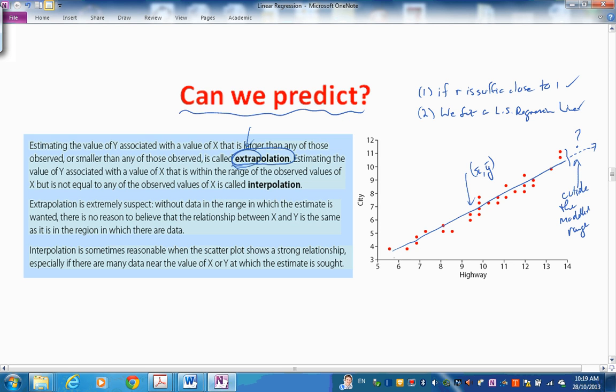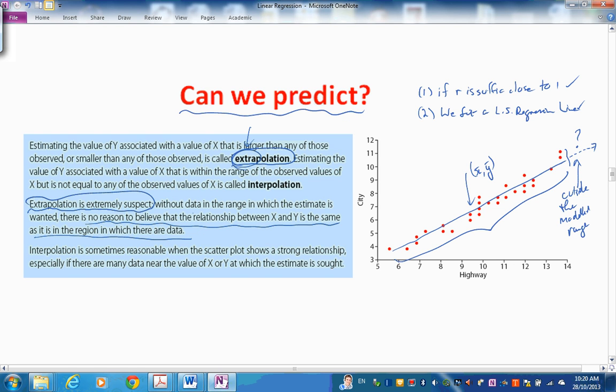We set our model up from here to here. There's no reason to think that the pattern that produced that model will continue on. Extrapolation is extremely suspect, because there's no reason to believe that the relationship is going to be the same as we go on.